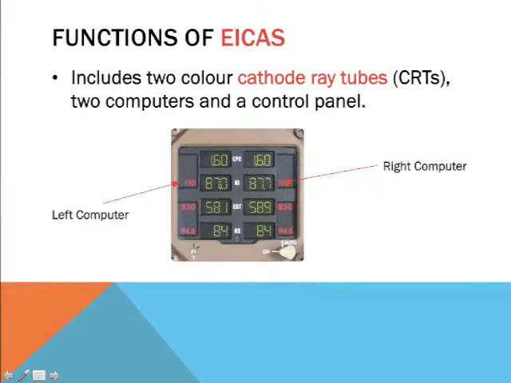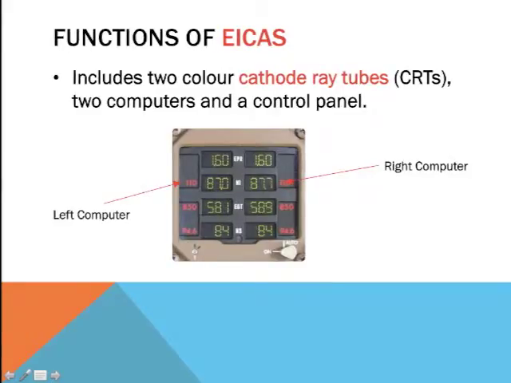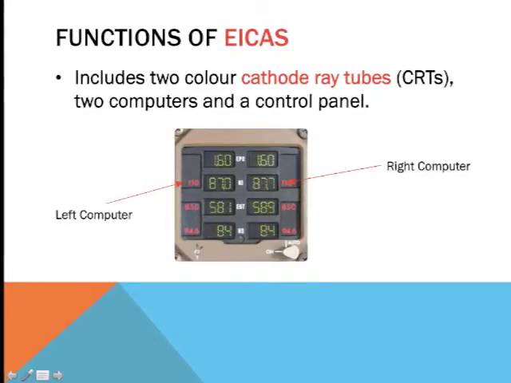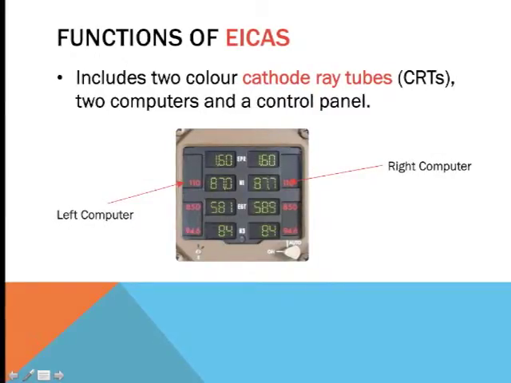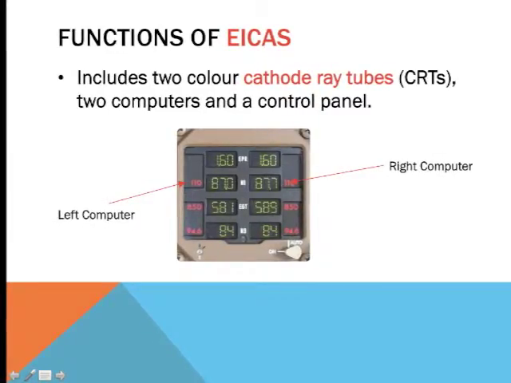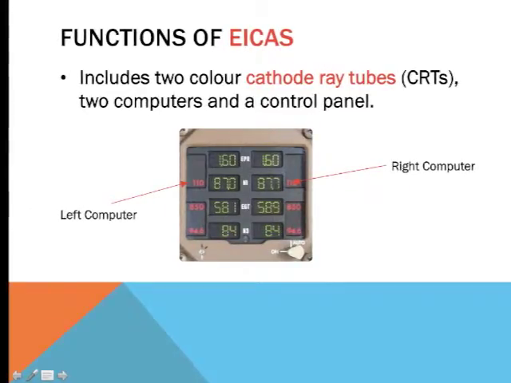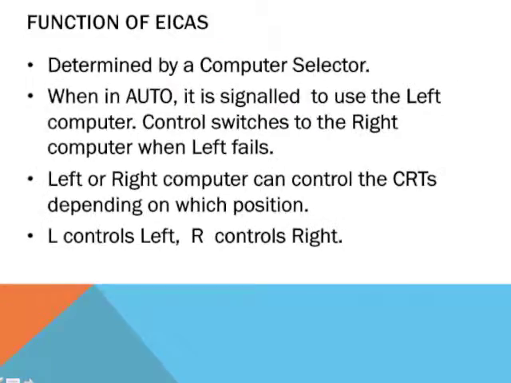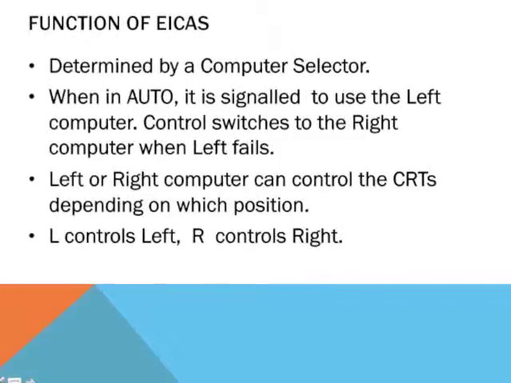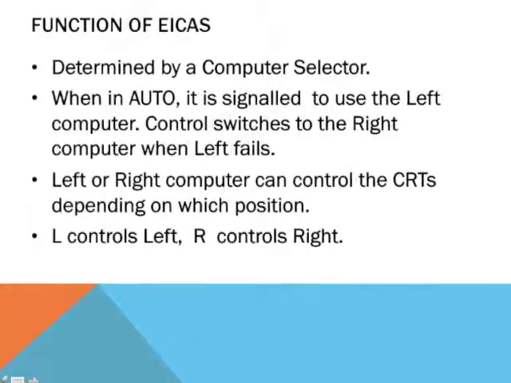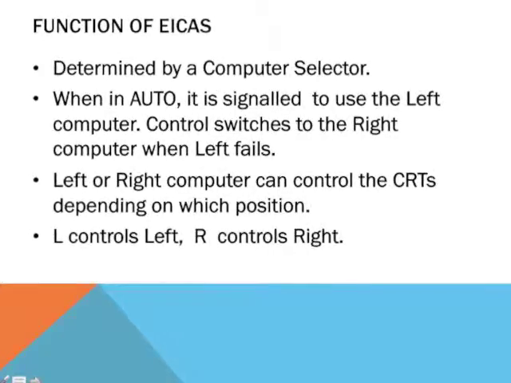Next, I will be talking about the functions of ELNFAS. ELNFAS includes two color cathode ray tubes or CRTs, two computers and a control panel, one on the right computer and one on the left. These two computers are determined by a computer selector. When in auto, it is signaled to use the left computer.